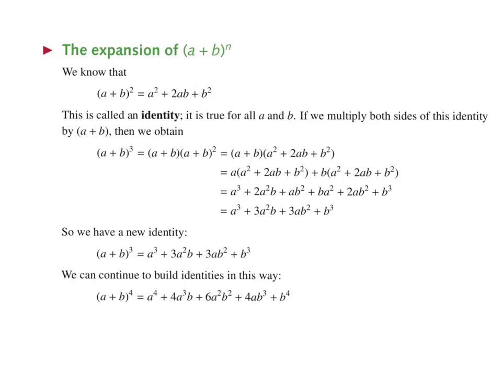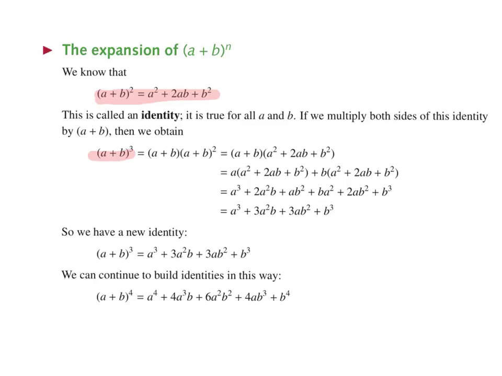Okay, looking at expanding things, so some shortcuts. We should know by now that if we have our perfect square at the top here, we could just expand it using FOIL, but we know we'll end up with a squared plus 2ab plus b squared. So we also have some shortcuts for a plus b, and that's being cubed.